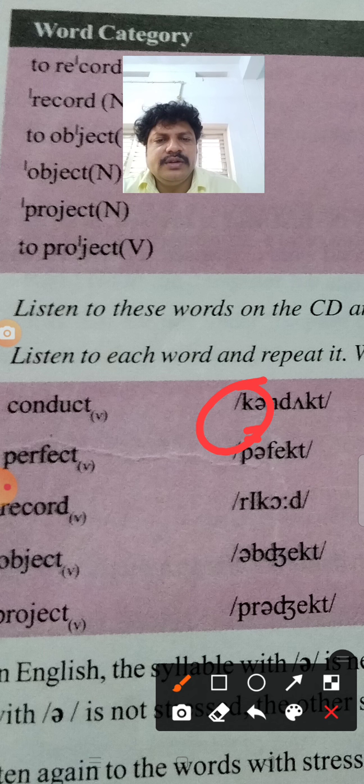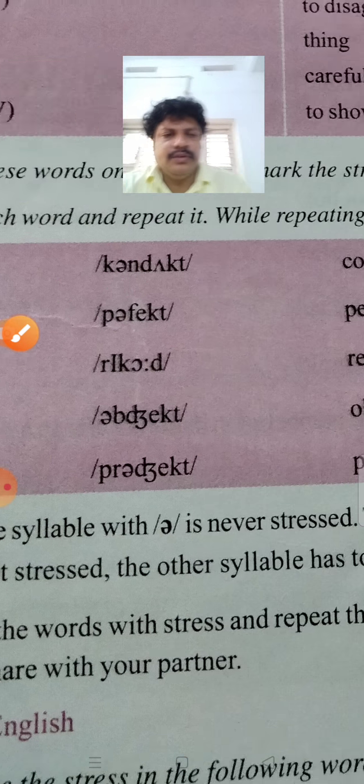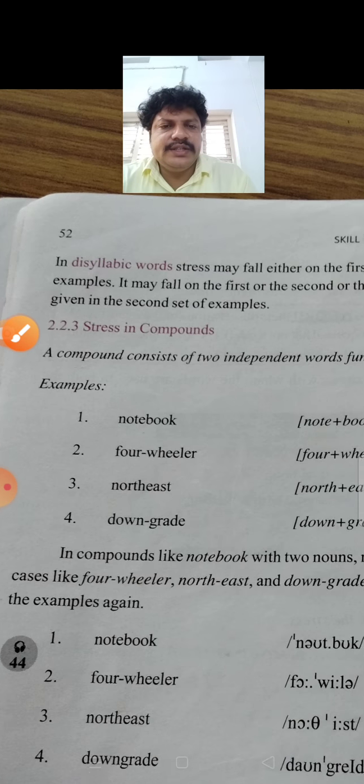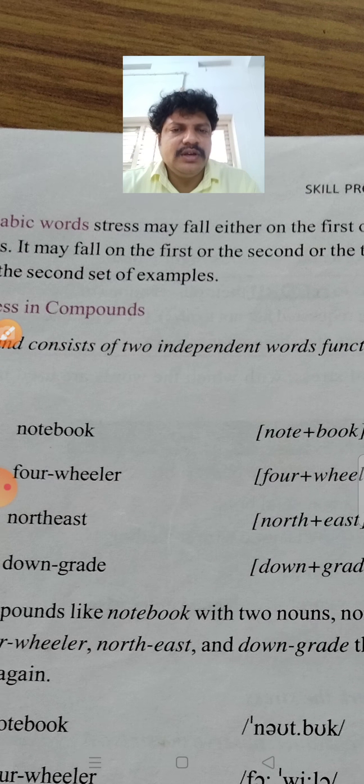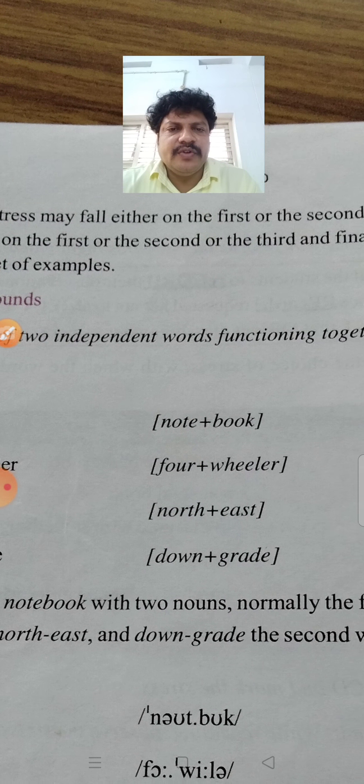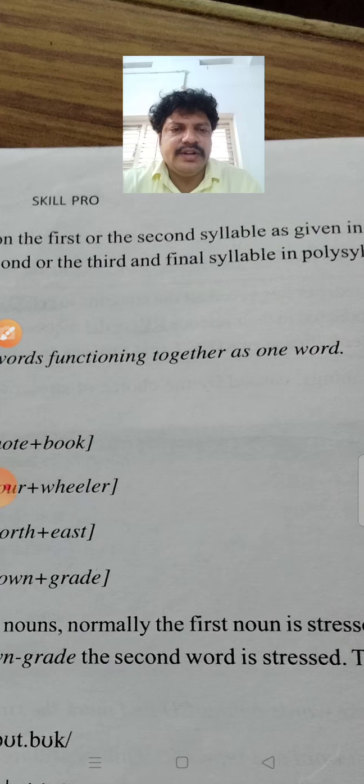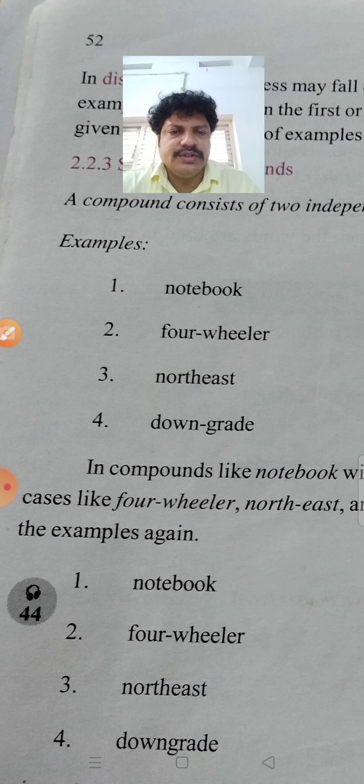Conduct only, the stress is on the da sound. So this is called syllables. Next, in disyllabic words, stress may fall either on the first or second syllable, as given in the examples. It may fall on the first, second, third or final syllable in polysyllabic words.